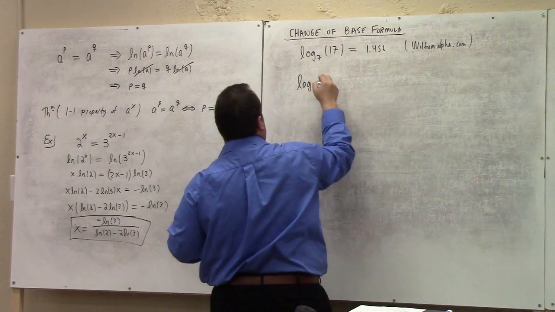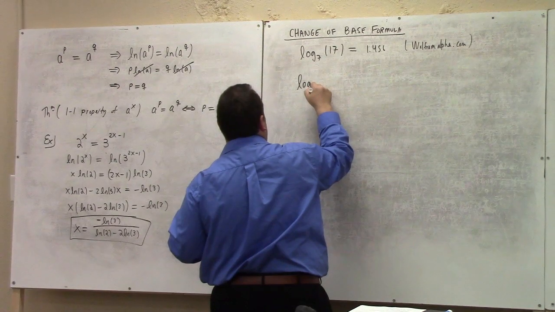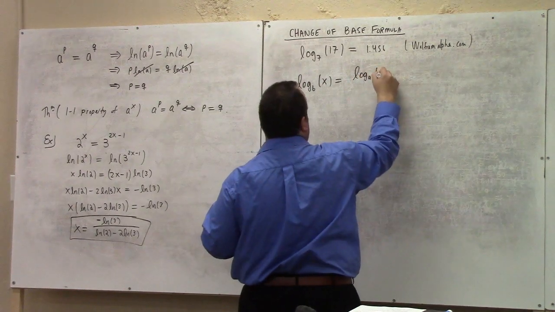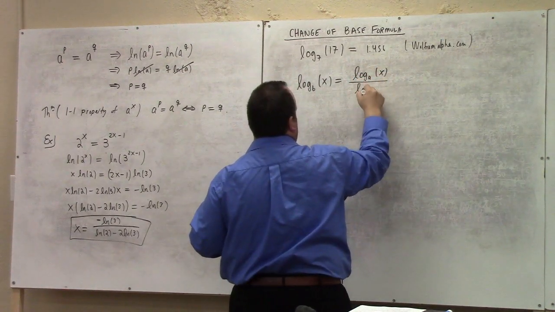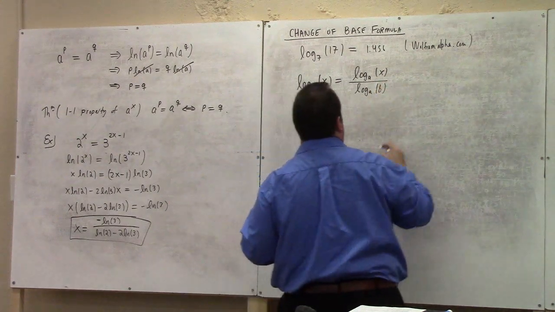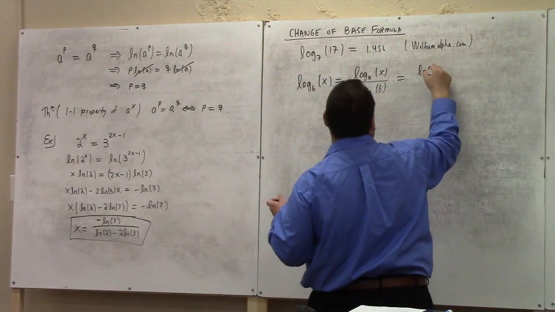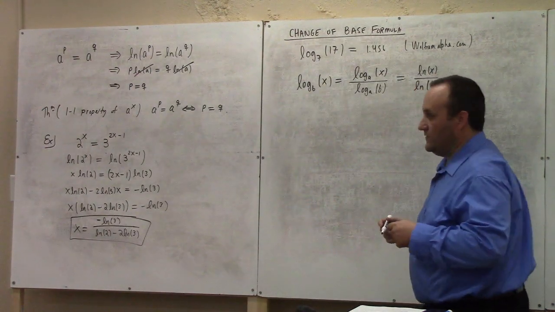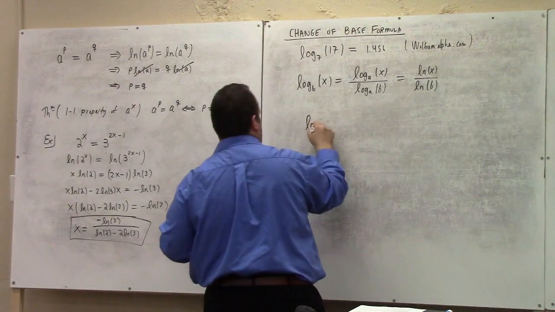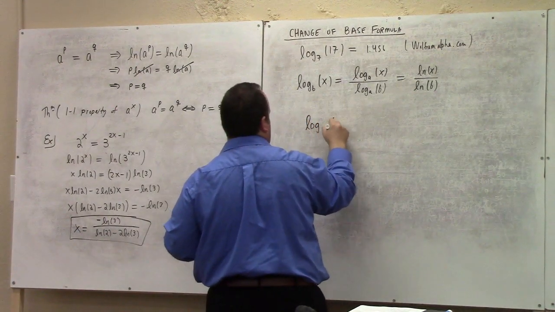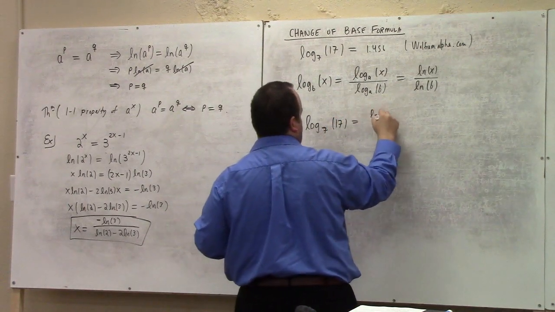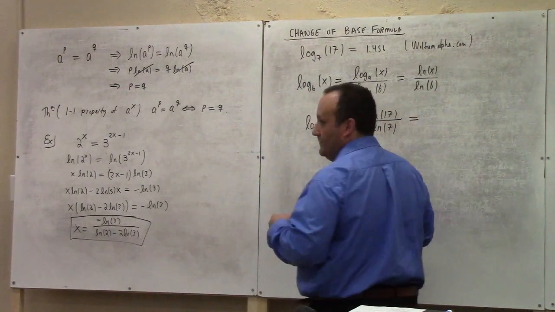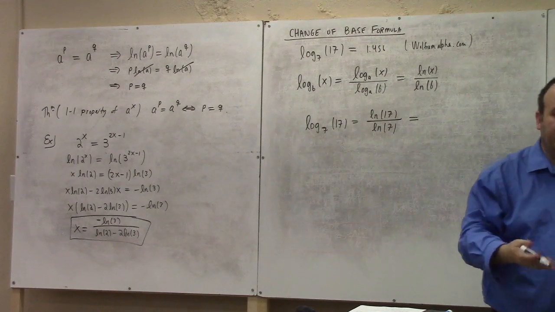So log base b of x is equal to log base a of x divided by log base a of b. Or if you like, the natural log of x divided by the natural log of b is a special version of that. So if I want to calculate log base 7 of 17, I can just take the natural log of 17 and divide it by the natural log of 7. Every scientific calculator will have natural log.